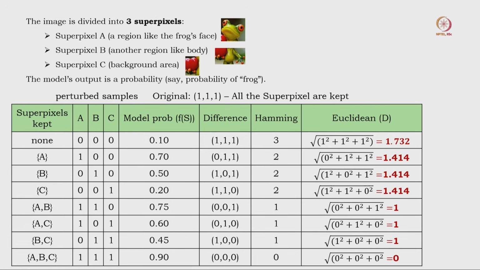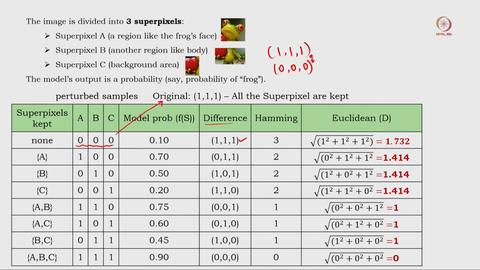Next, we are calculating the difference. Look at how we are calculating it: we compare it with the original. What is the original? The original is 1, 1, 1. And what we are considering here is 0, 0, 0. When you take the difference, it is 1 minus 0 is 1, 1 minus 0, 1 minus 0.